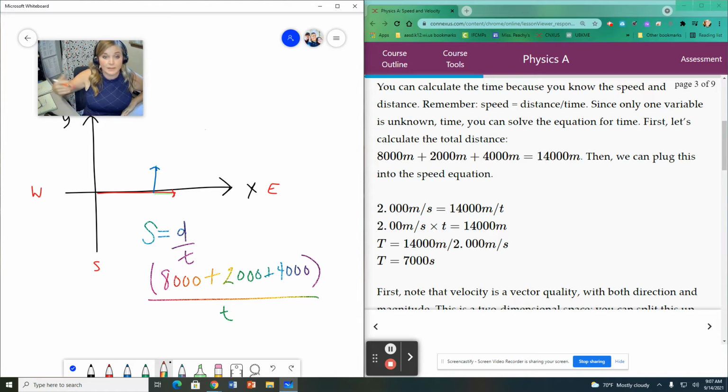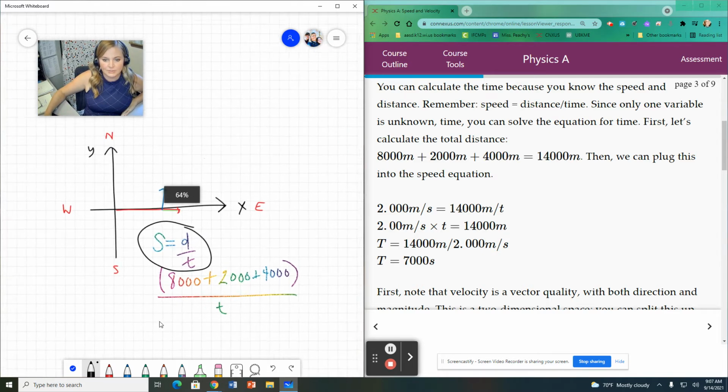We don't have time, but we can figure time out because we know how fast we're going. We know that we're actually traveling, in this case, at a constant speed, they say in the problem, of 2 meters per second. We know that the equation for speed is distance divided by time.